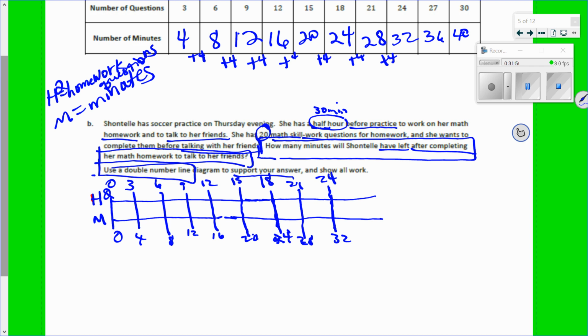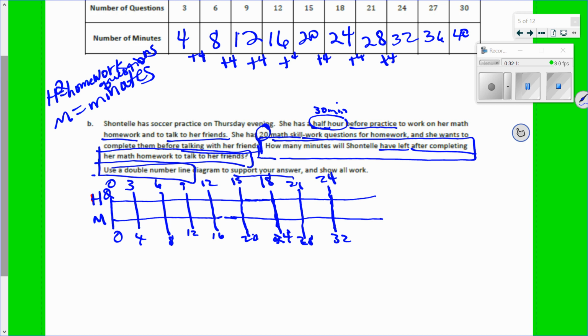He's got 20 problems, but he's only got 30 minutes. Now, he wants to talk to his friends, right? How long does he get to talk to his friends? That's what we're trying to figure out.